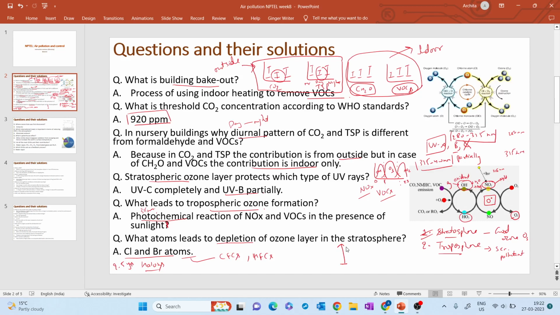The atmospheric boundaries are not rigid, it's not that a gas cannot travel from one layer to another, right? So the chlorine and bromine gases released in the troposphere can reach the stratosphere after a couple of years, and in the stratosphere they react with the ozone there and lead to its depletion or breakdown.